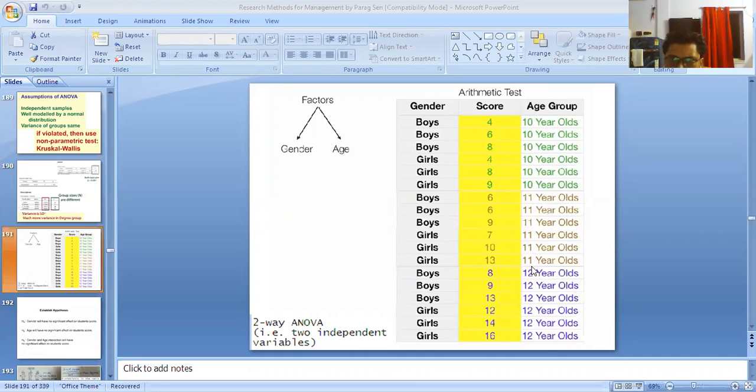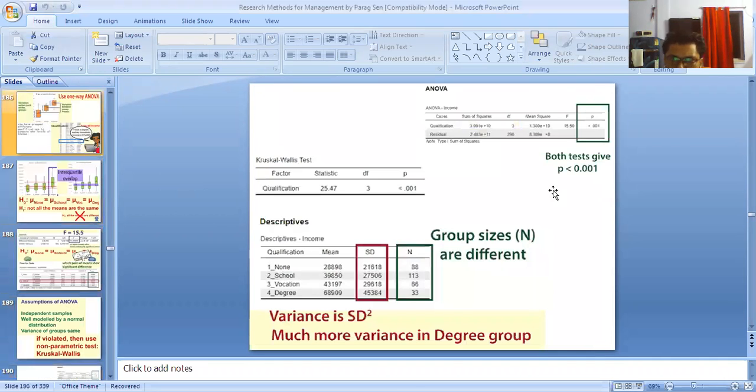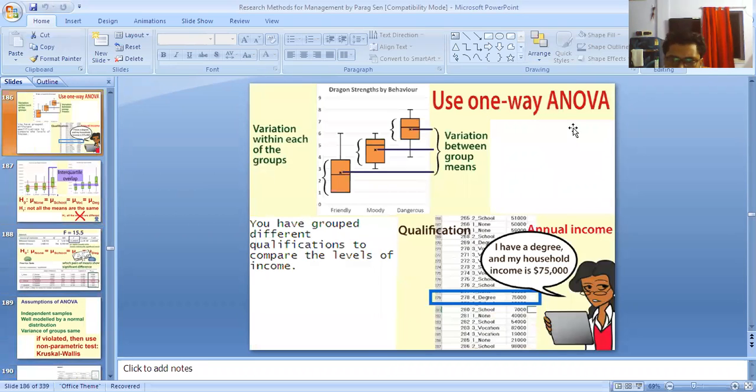So yesterday we saw the one-way ANOVA. What is one-way ANOVA? One-way ANOVA means there is one dependent variable and one independent variable. For example, I discussed earlier that different qualifications were there: vocational, school level, college or degree level, and no qualification at all.